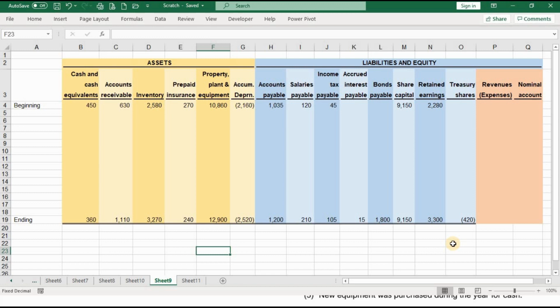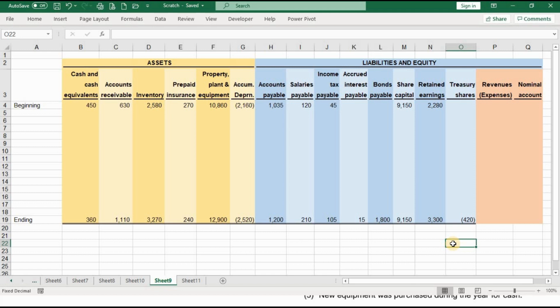In order for us to have an easier procedure in the preparation of the statement of cash flows, again, I will use the expanded accounting equation. This is not yet the actual statement of cash flows. This is just the method I use to facilitate the preparation of the statement of cash flows.